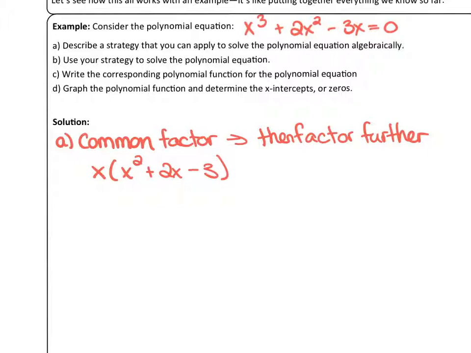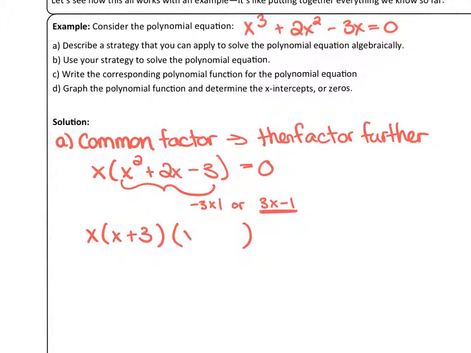So if I think about how I'm going to factor this part of it, I have to get -3, I can do -3 times 1 or 3 times -1. And I have to pick the combination that's going to give me a +2, so it's this one that I'm going to choose. So I'm going to break this up into those 2 terms: x plus 3, because it's a +3, x minus 1.